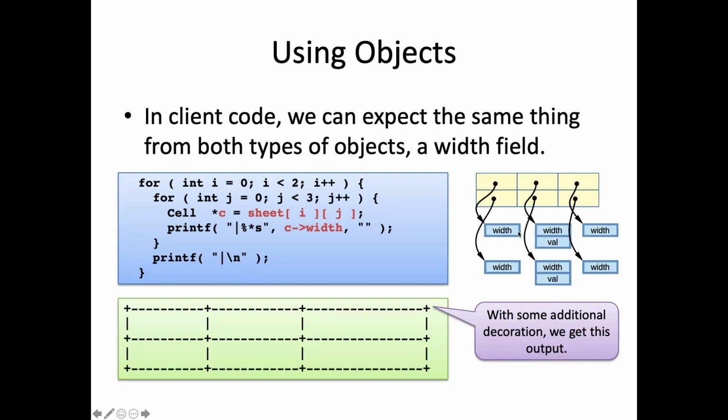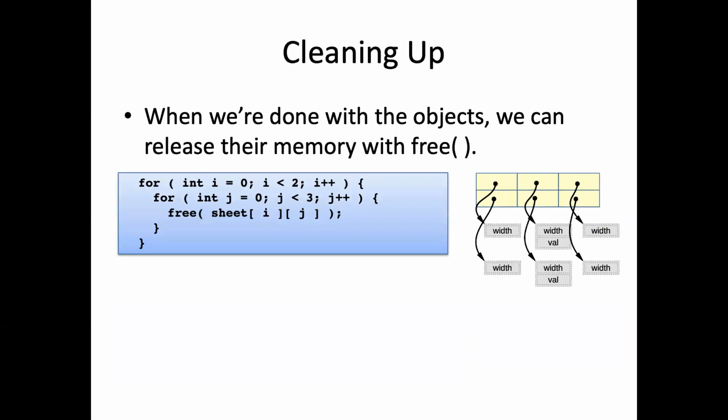What else would it be nice to do? I guess if we allocated space for all of these objects, when we're done, we need to free all of that space. Right now, whenever we allocate an object, if you look inside the constructor, back a couple of slides, it just calls malloc and fills in the fields. So when we're done with an object, we could just call free to give that memory back to the heap. So that's what we do in the client code, at least in our first version.